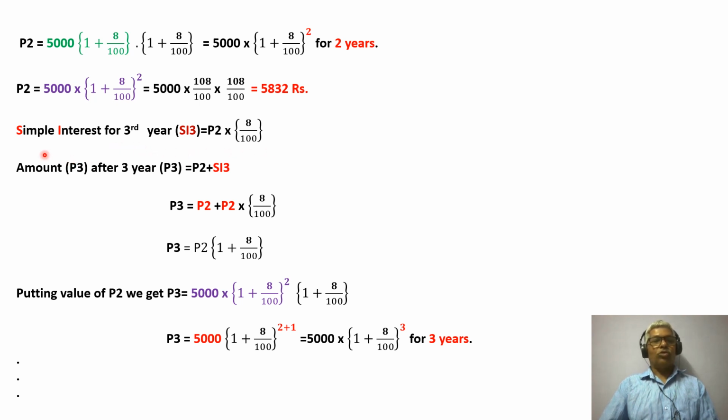P3, the amount after 3 years, is P2 plus the interest of the third year, SI3. So P3 is P2 plus P2 into 8 upon 100.